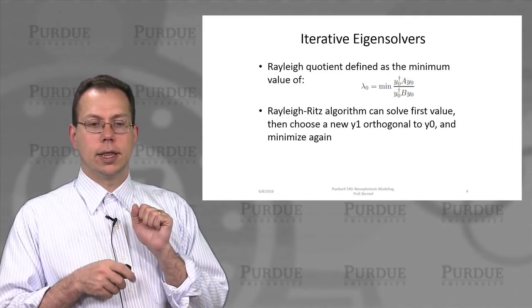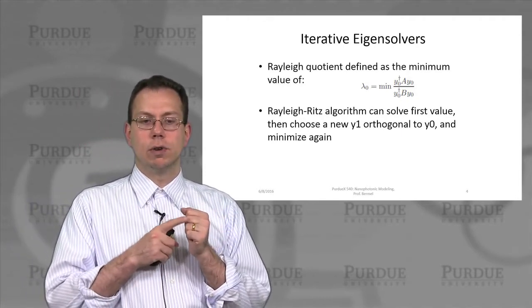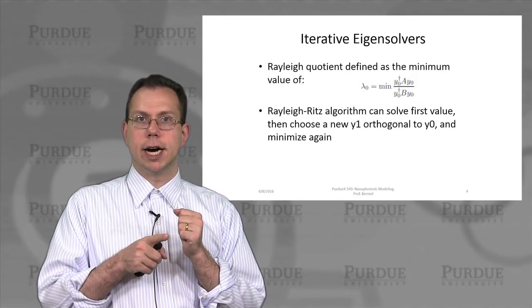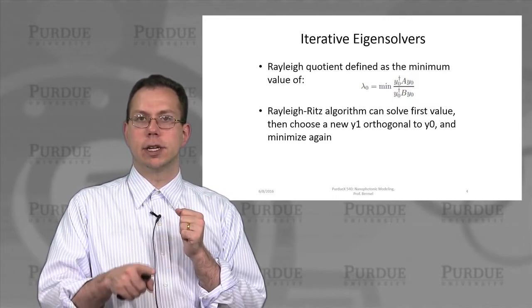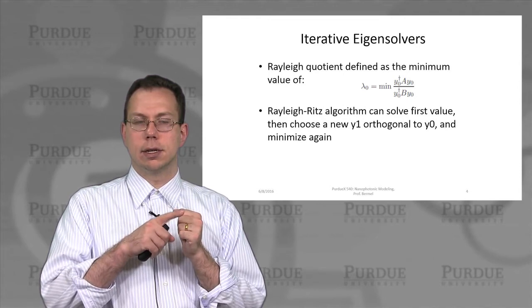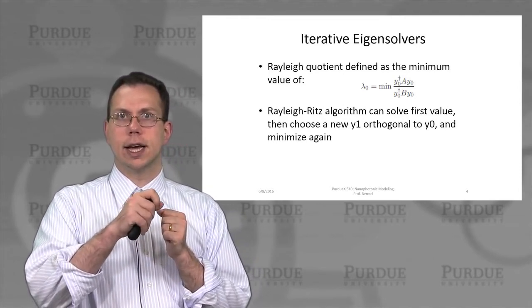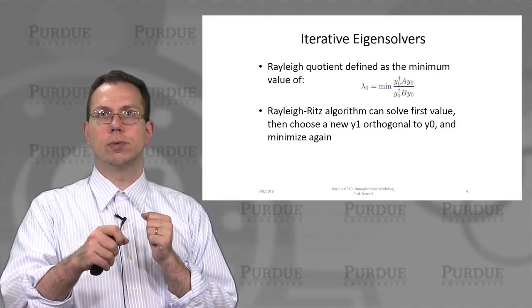Then in the Rayleigh-Ritz algorithm, you first minimize for y naught, which is basically your first trial function. Then you create a new y1 that would be a trial guess that is completely orthogonal to y naught.